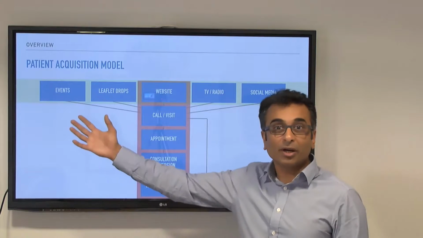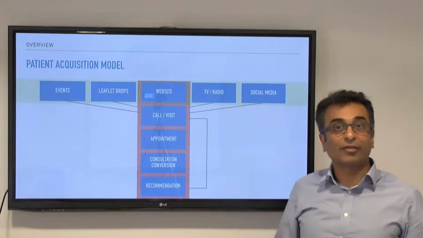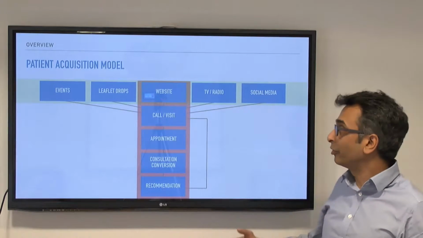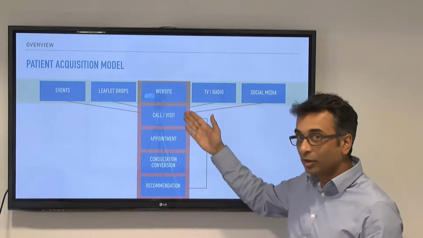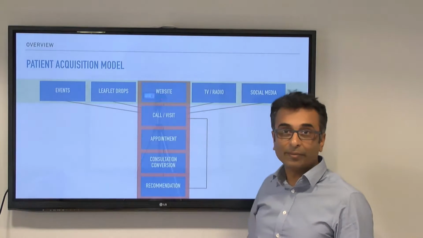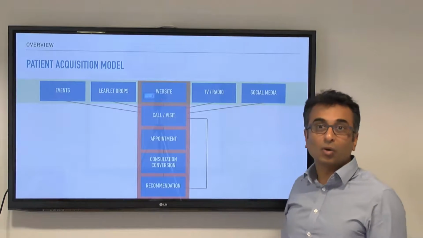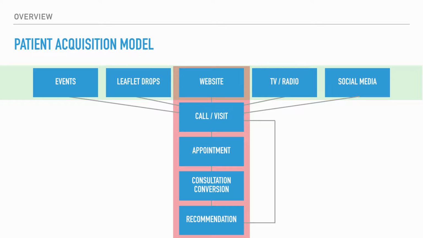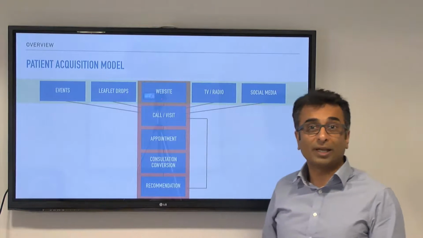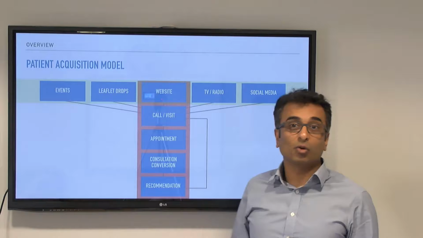So any marketing activity clearly has to have a goal, and the various goals are shown in the red column down here. One of the first goals would be to get them to visit your website, place a call, or even visit your practice.